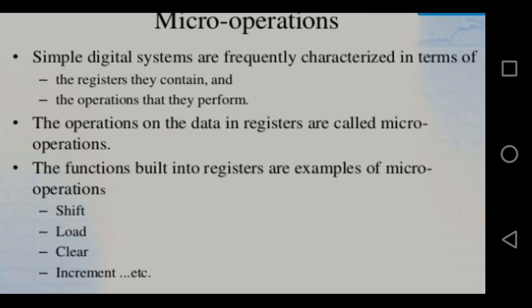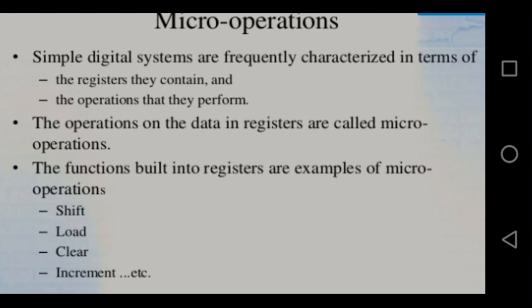With this you should remember that the PC, program counter, should be loaded with the starting address of the first instruction. Remember in computers, when you want to execute a particular program, the first instruction address has to be loaded in the program counter. This is one micro operation.